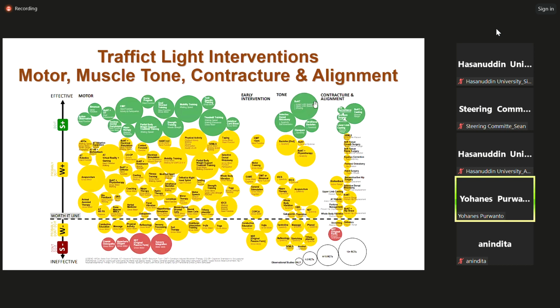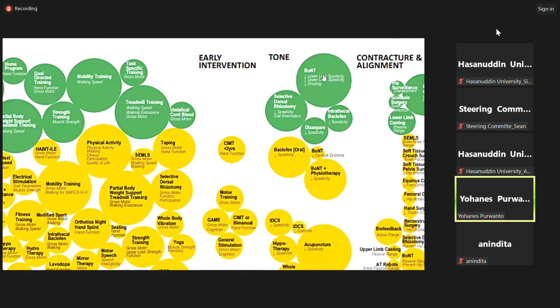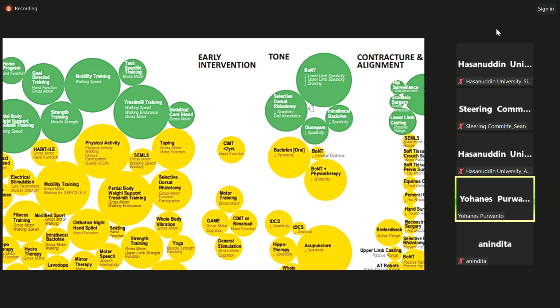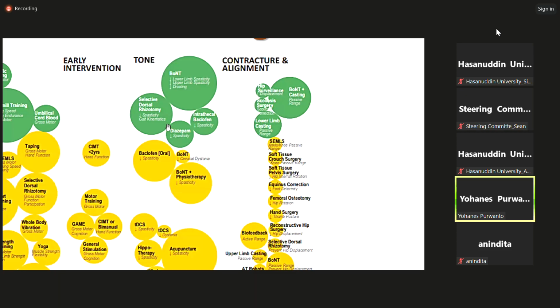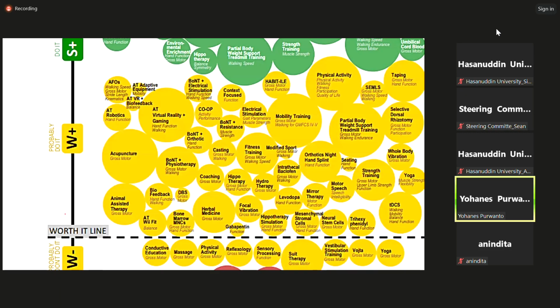For the tone, like BoNT and selective dorsal rhizotomy. And then the yellow part is the two sides.